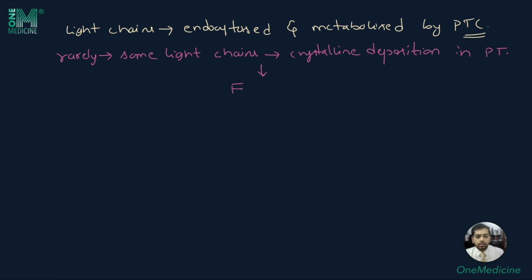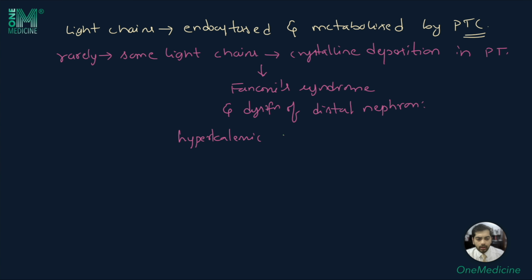This may result in Fanconi's syndrome and even dysfunction of the distal nephron, leading to hyperkalemic acidosis or even nephrogenic diabetes insipidus. This condition is also seen with renal amyloidosis.